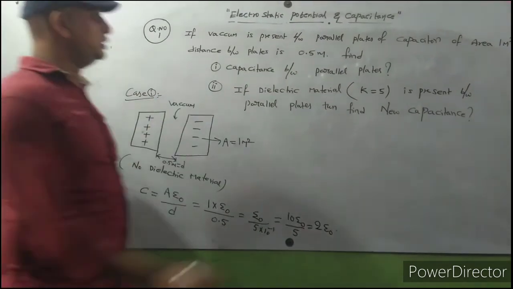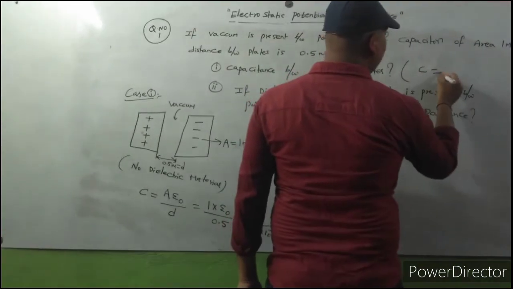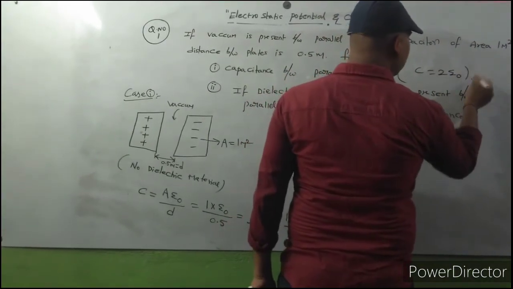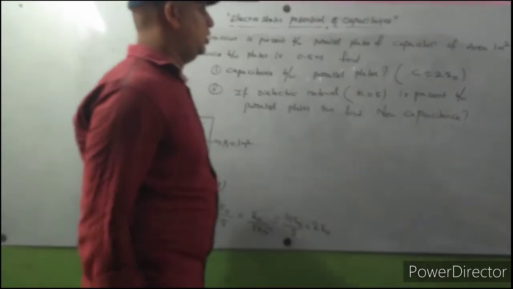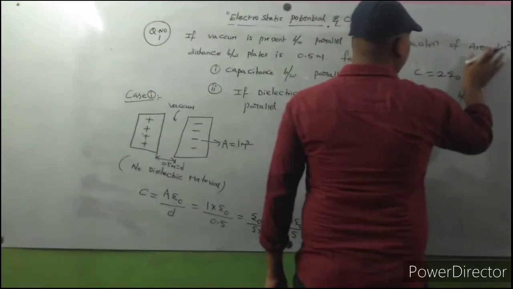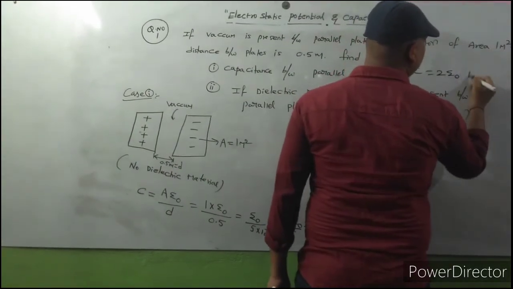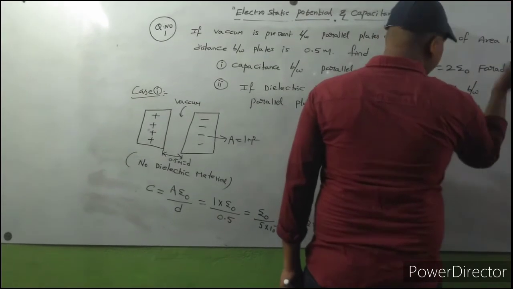This is the answer for this question. The capacitance is 2 into epsilon naught, and the unit is farad.